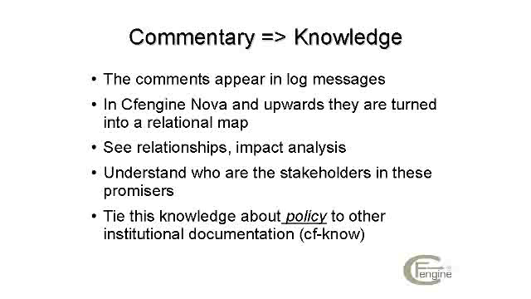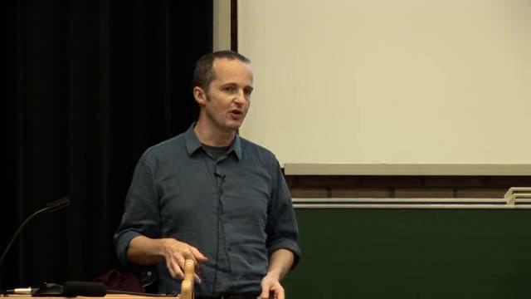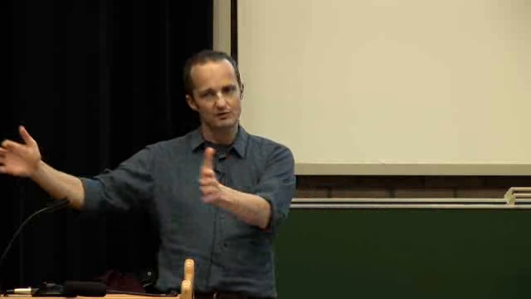By adding these promisees, who's interested, we get to see who are the stakeholders in this promise, and we learn something about the human organization surrounding this configuration problem. So again, human part, machine part, keep them separate, but try to give each piece the information it needs to do the best possible job.